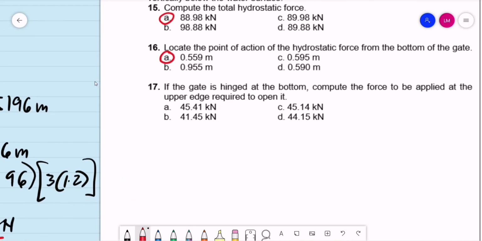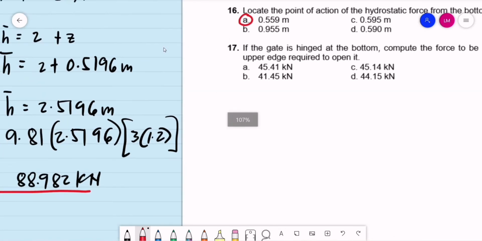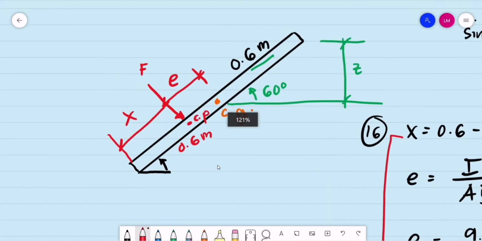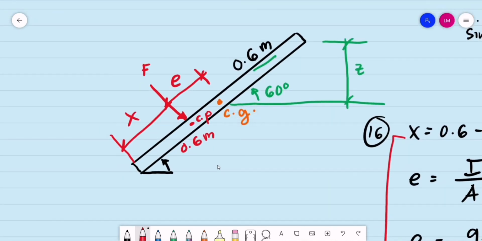Then, question number 17 tayo. If the gate is hinged at the bottom, compute the force to be applied at the upper edge required to open it. Okay, so sabi niya, kung naka-hinge daw dito sa ilalim, so parang maglagay tayo ng hinge dito.